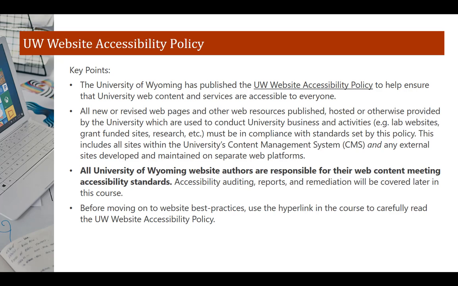This includes all sites within the university's Content Management System, or CMS, and any external sites developed and maintained on separate web platforms. All University of Wyoming website authors are responsible for their web content meeting accessibility standards. Accessibility auditing, reports, and remediation will be covered later in this course.